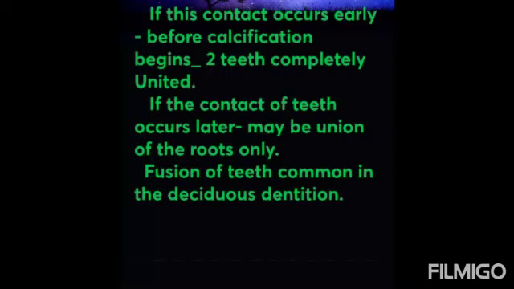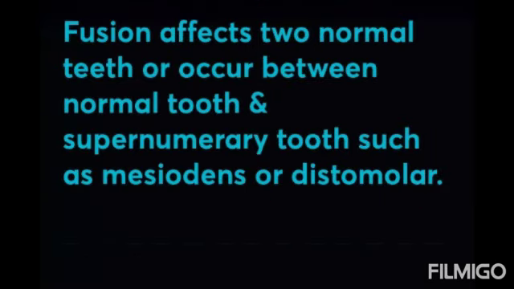If this contact occurs early, before calcification begins, it produces two teeth completely united. If the contact occurs later, it may be a union of the roots only.